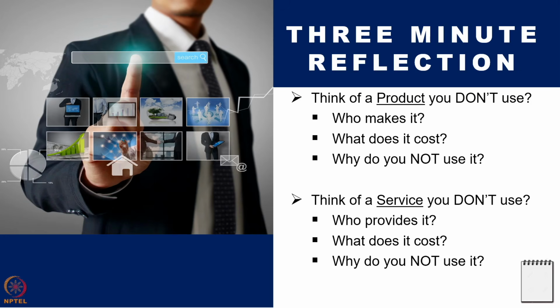Now, before we end, I'd like you to think about products and services which you don't use. You have seen them, but you don't use them. Or you have used them once and you did not use them again.